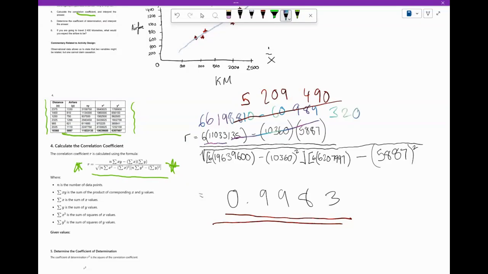Okay, so if you do your workings, you should arrive at the same number. In the interest of time, maybe let us just proceed.